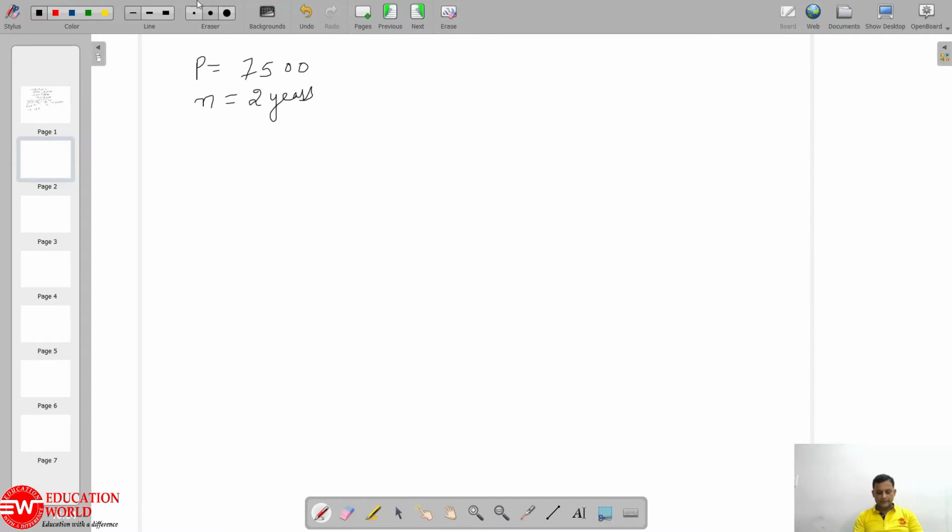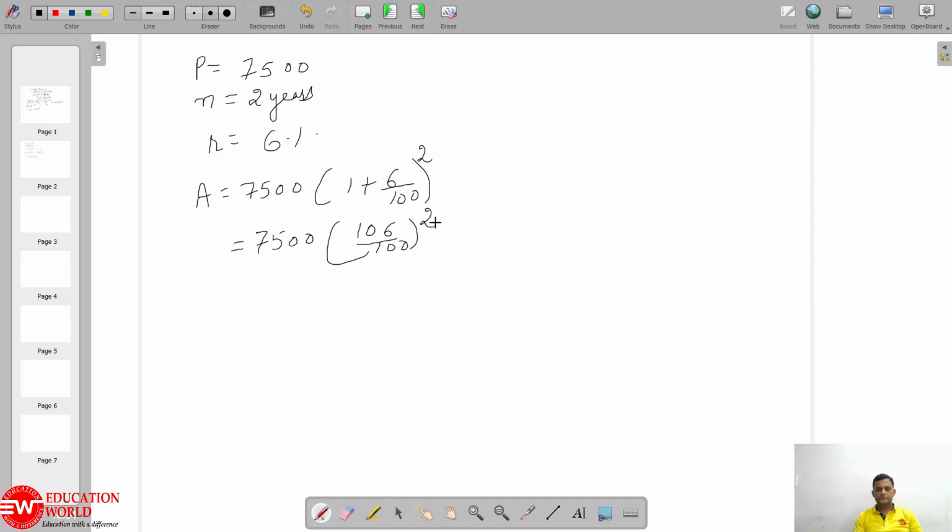And the rate they have given us is 6%. So let us do the amount: principal 7,500 times (1 + R/100) power 2, because the time given is 2. When you take the LCM, 100 will be here, that is 106/100. Now open the bracket.